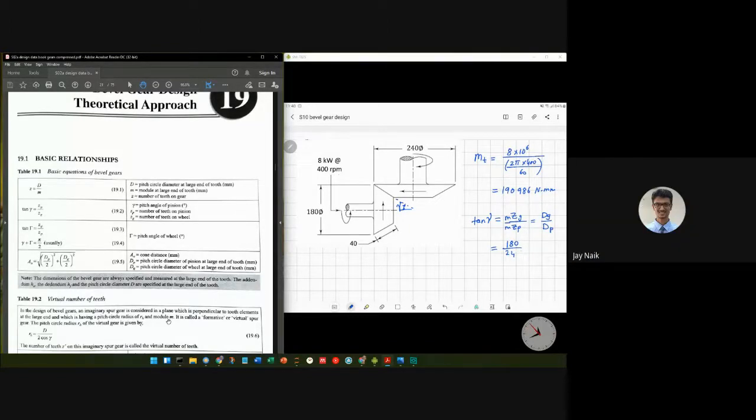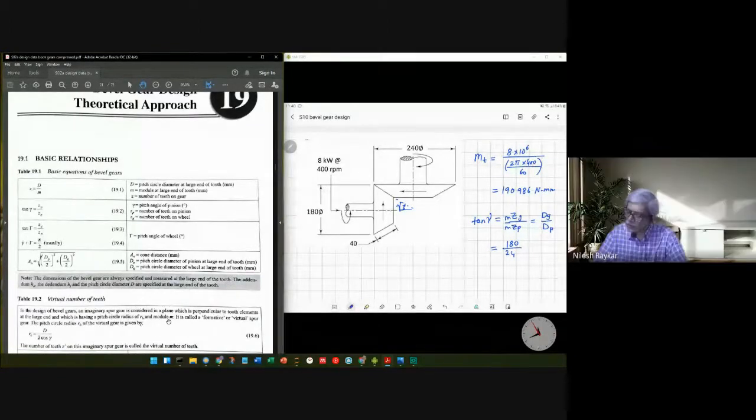It should be Zp by Zg, thanks. This implies gamma is 36.9 degrees.